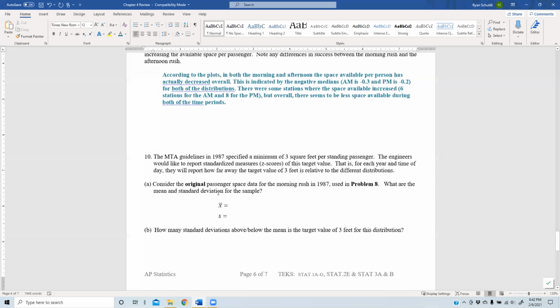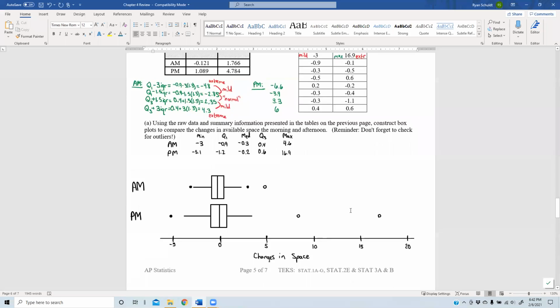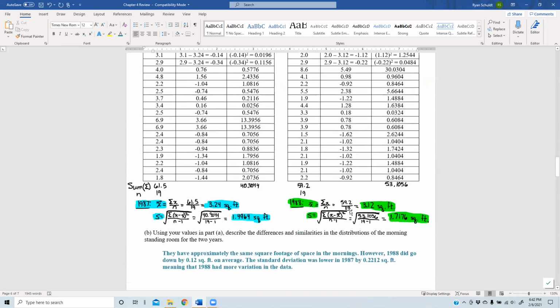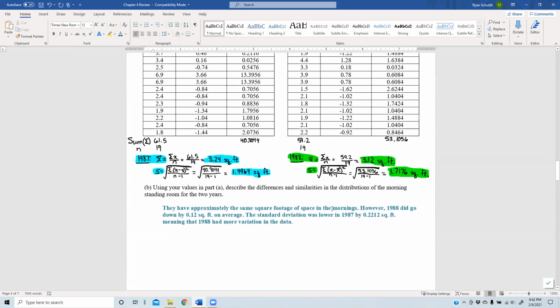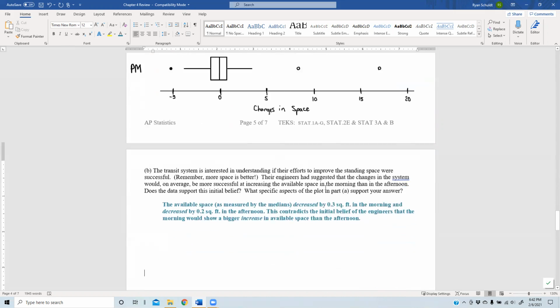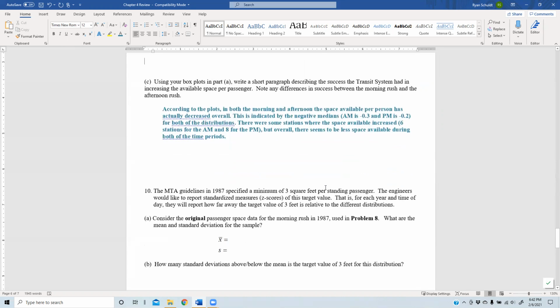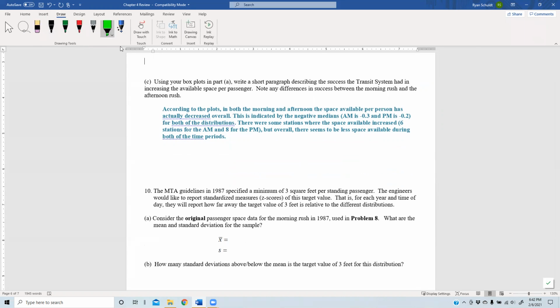Well, part A, we're just going up and getting what we actually already computed. It's asking us for morning rush in 1987.